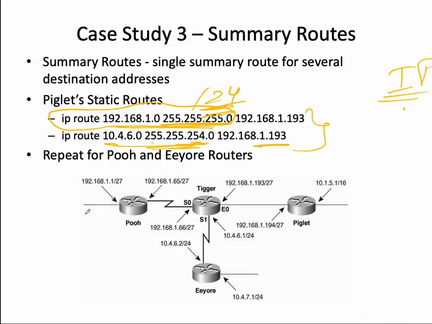Those 4 entries can be summarized by using only these 2 commands. But what is the main role you need to play here? Subnetting, right? So you should know subnetting. That's why you can summarize the networks, and you need to configure fewer static routes in the router. Similarly, you can do it for the other routers as well.